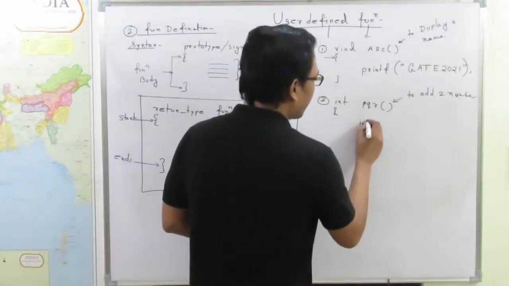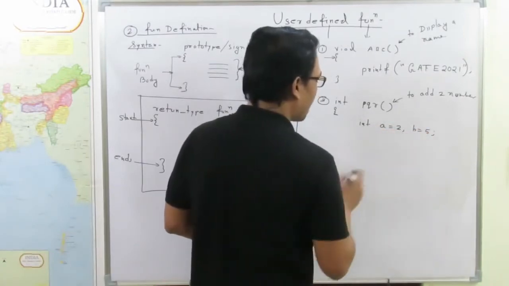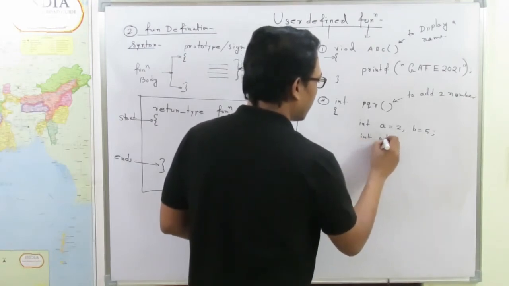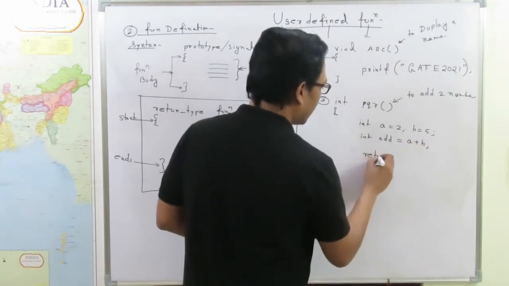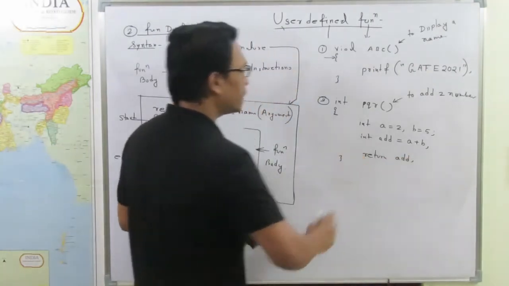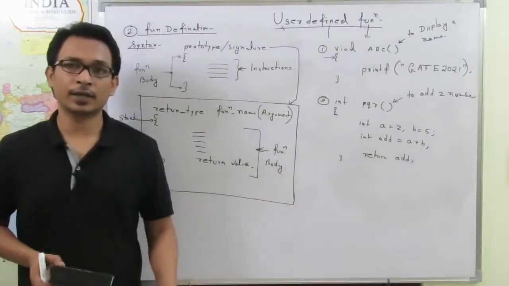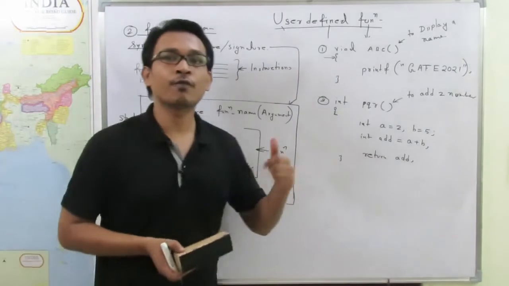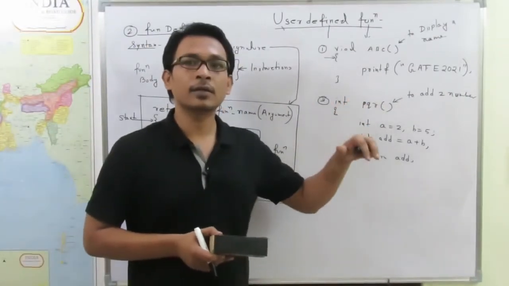Let's say we have two integers, a equal to 2, b equal to 5, and then we are going to add, int add equal to a plus b, and then we are going to return the value of add. So this is the function definition for the pqr function. Clear? So I hope you understood the concept of function definition, how we implement the function definition part.